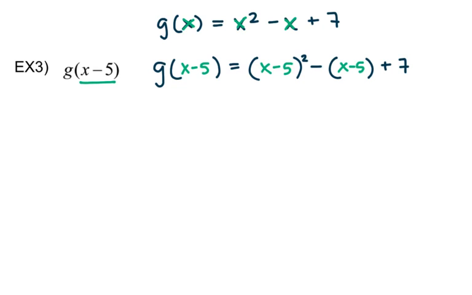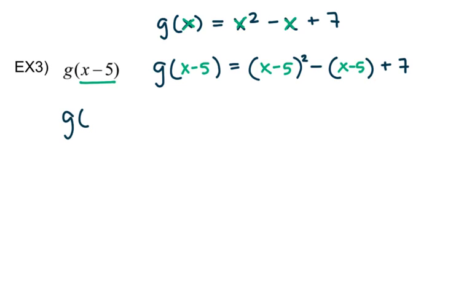So it's very important that you take a moment and make sure you understand what I wrote out here. All right, so we've got g of this x minus 5 function. We get this quantity, x minus 5 squared. And then we have x minus 5 with a minus in front of it. That's going to involve some distribution.